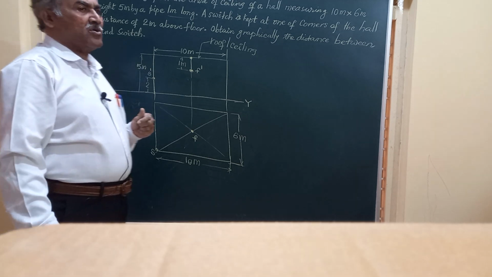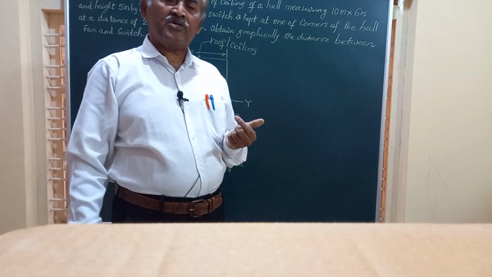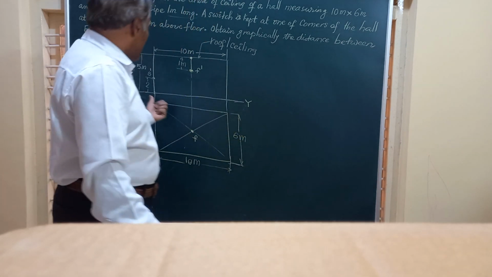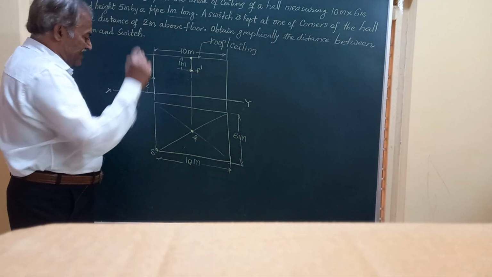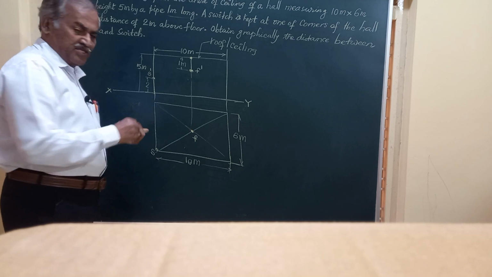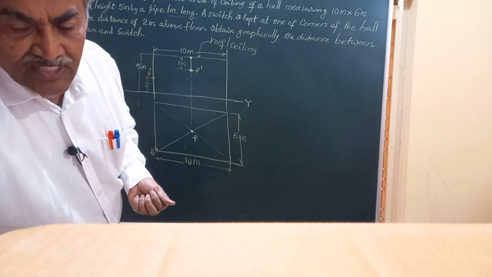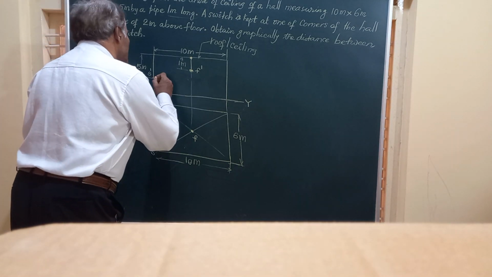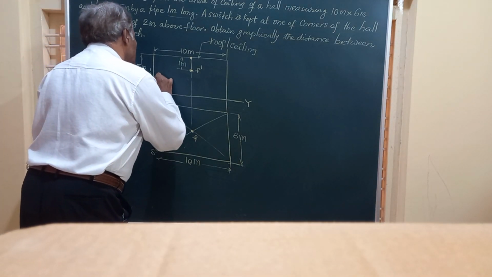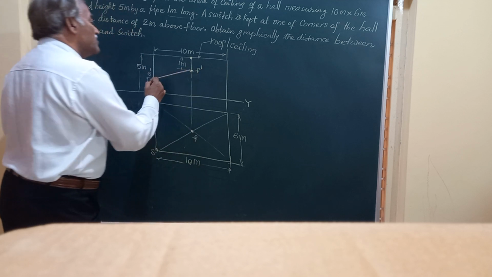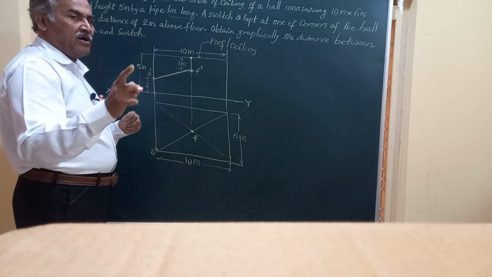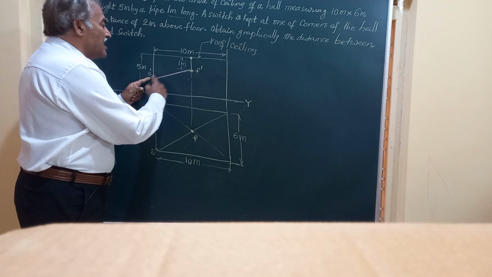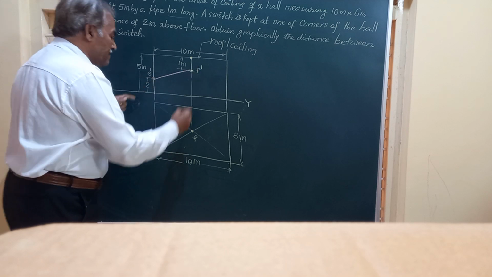Friends, we have got the front and top views of both the switch and the fan. So friends, we will join these two by straight lines. S dash F dash when joined will give you the front view of the line connecting the switch and the fan.